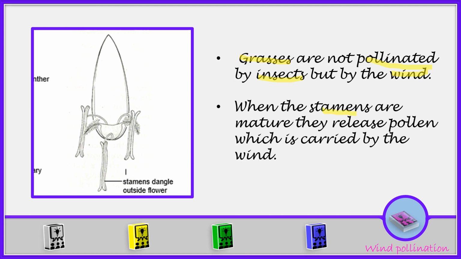When the stamens are mature, they release the pollen, which is carried away by the wind. Then it will be taken to other flowers, which will also become pollinated.